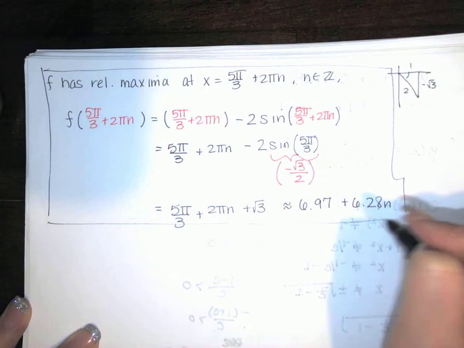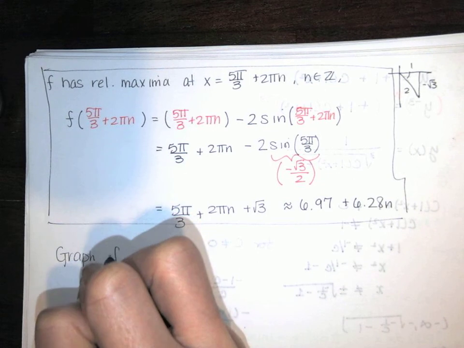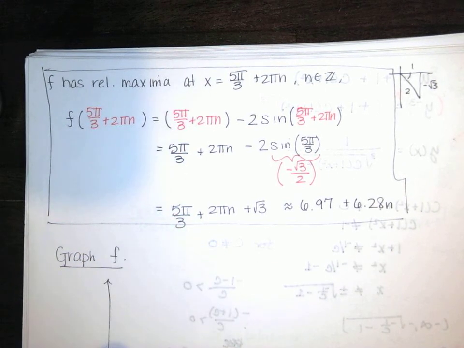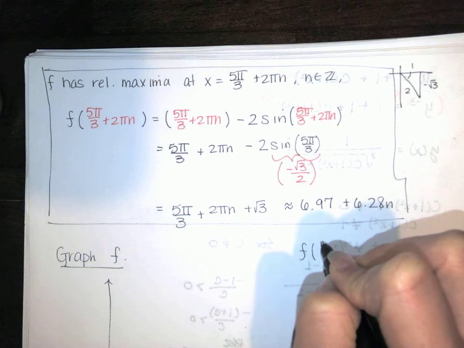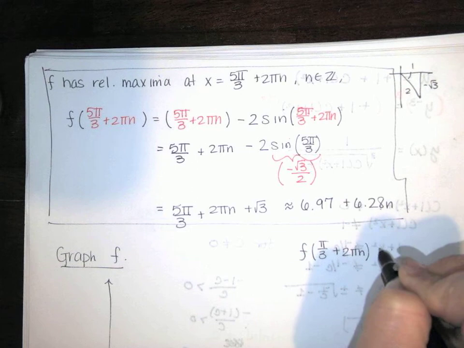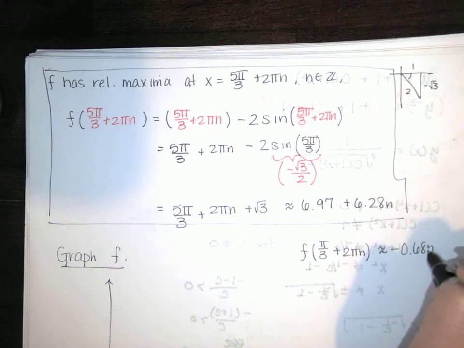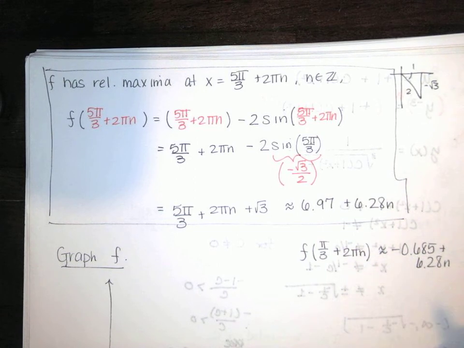And now we want to graph the function. Well, we know that f of pi over 3 plus 2 pi n is approximately negative 0.685 plus 6.28 n.